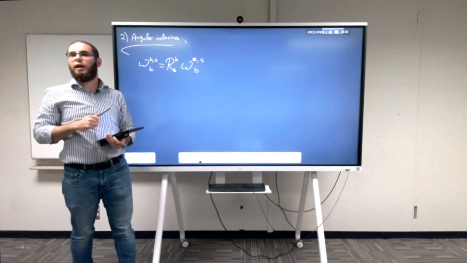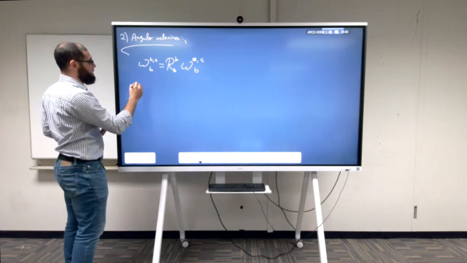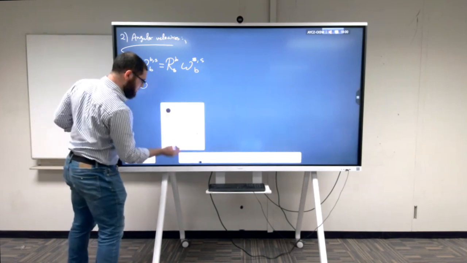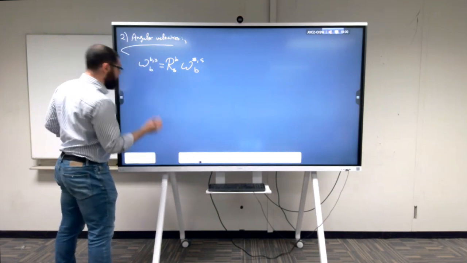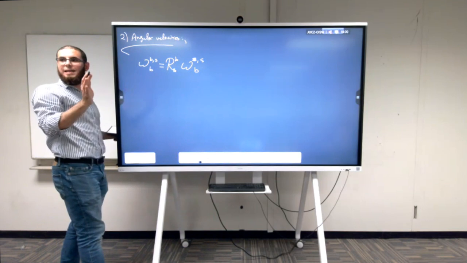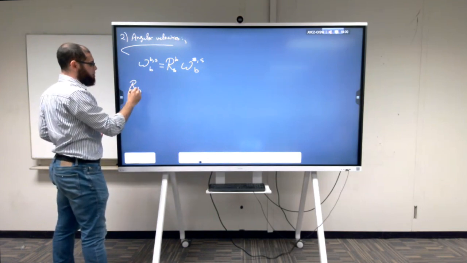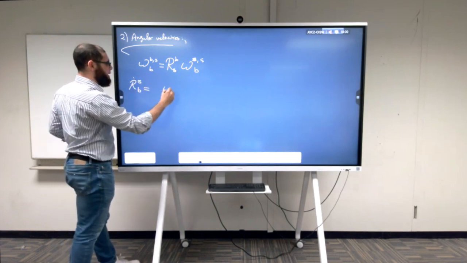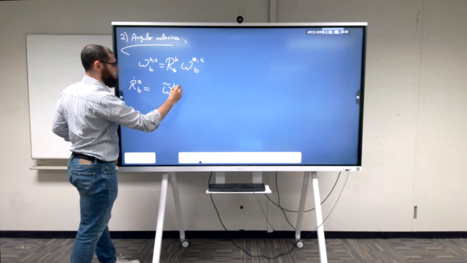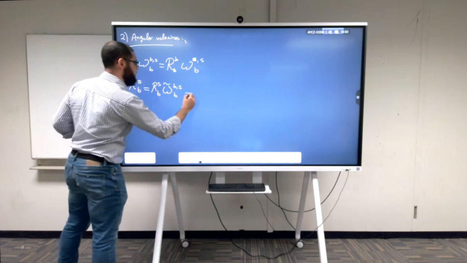Can we prove it from what we have? The proof of this expression, even though it makes sense, can be found from this expression: R_BS dot is on one hand omega tilde_BS of R_BS, and at the same time it's also what?